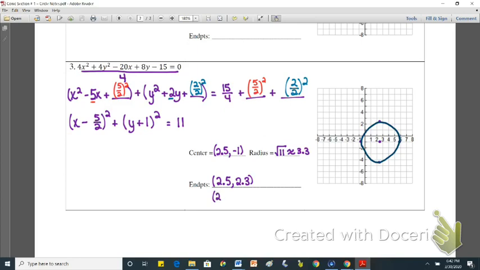It was also 2.5, negative 4.3. 5.8, negative 1. And finally, negative 0.8, negative 1. That's all there is for circles, and if you have questions, please let me know. Thanks.